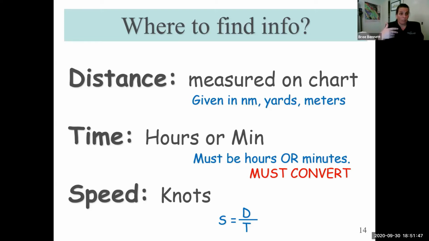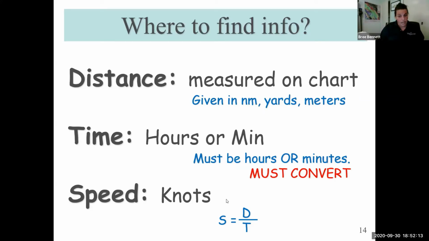If you have a Doppler speed log, it'll give you the current speed. And then we have a couple different types of speed that we'll end up talking about. We have speed through the water, speed over ground, speed made good. And again, we'll go over those, but all of our speed is always going to be in knots.